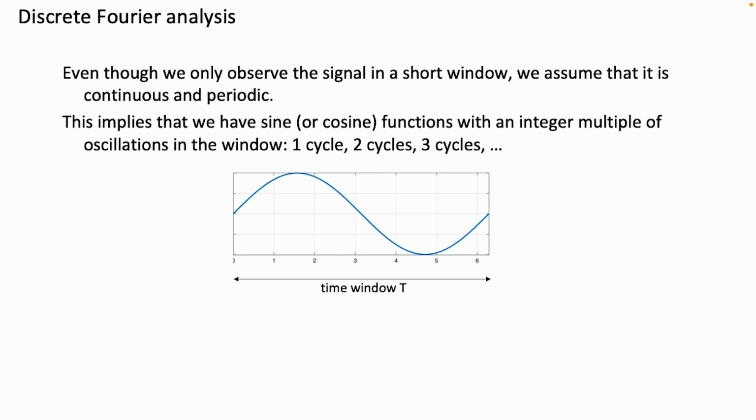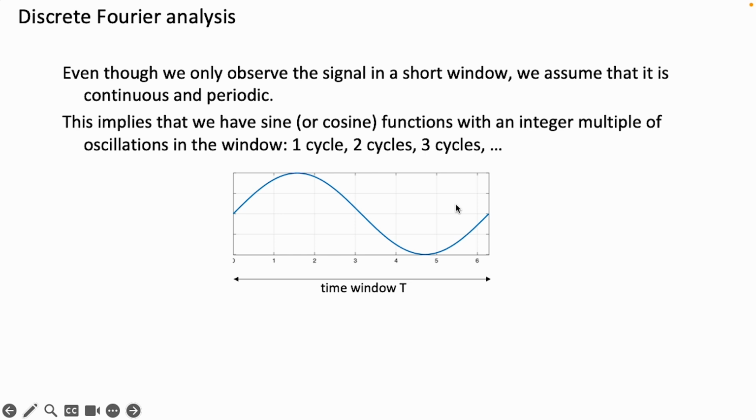Fourier analysis assumes that even though we observe the signal in a short window, it's continuous and periodic. This implies that we have sine or cosine functions with an integer multiple of oscillations in the window. If this is the time window that we're considering, then with Fourier analysis we're assuming that we have either 1 cycle, as I'm showing here, or 2 cycles, or 3 cycles.